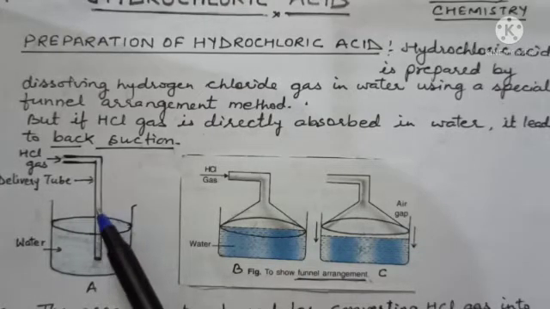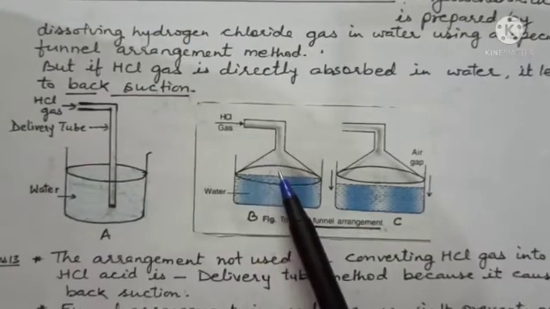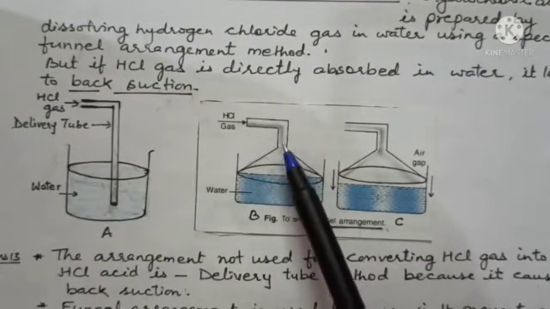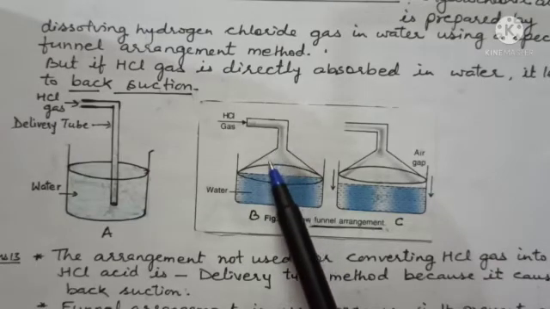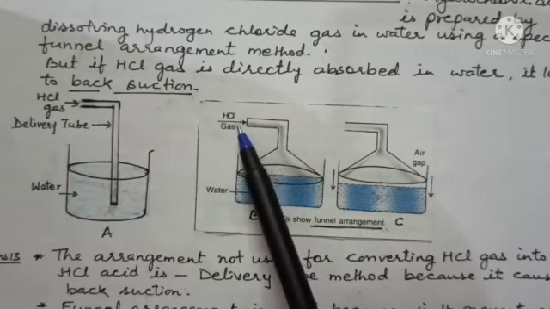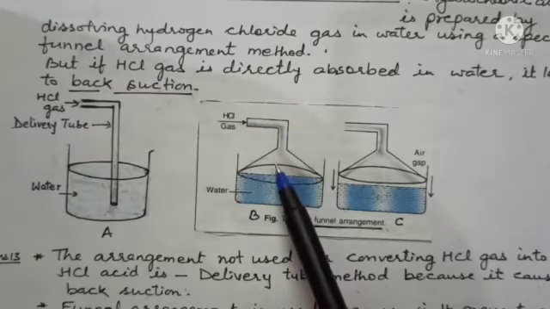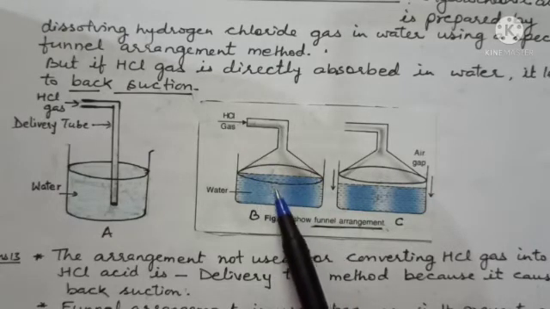So to avoid back suction, let's discuss how this funnel arrangement method is used. You just take an inverted funnel, and it is connected to the delivery tube with the help of a rubber tube. Then the rim of the funnel is placed so that it just touches the trough containing water.